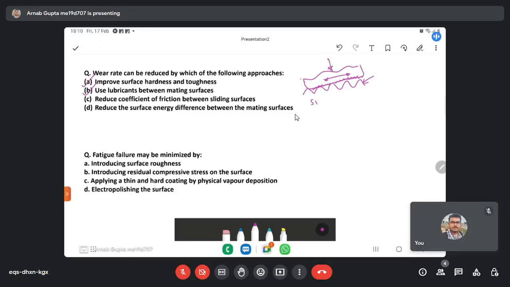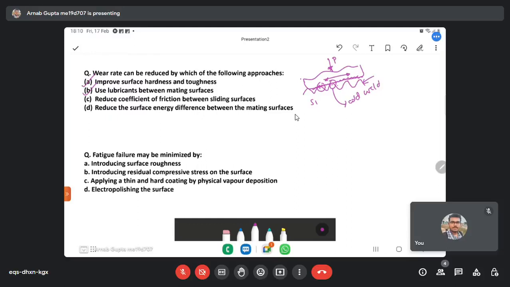So you can see that the contact between these two mating surfaces is only established at selected points, whereas in the other regions there is no contact. So there's one probability that due to the load and due to a higher contact pressure at these points, these surfaces tend to adhere to each other by cold welding at these points.